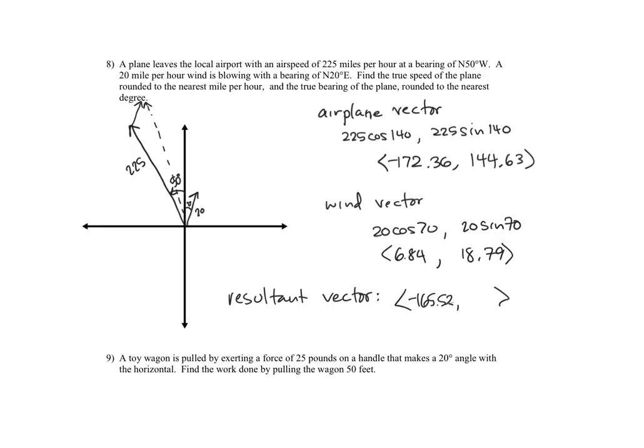And for the vertical component, if we add the two vertical of the airplane and the wind, we're going to get 163.42. That's the vector representing the true speed and the true bearing of the plane.